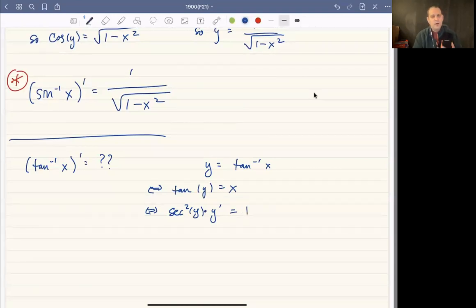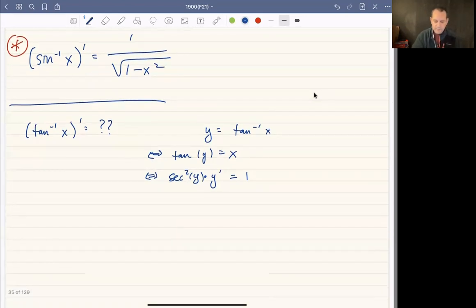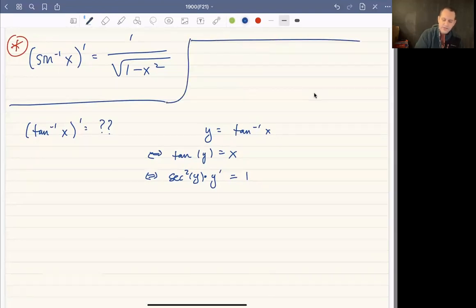And now again, same problem as before. How do we write secant squared in terms of tangent? We need to know a trig formula with secant squared and tangent squared in it. I am terrible at remembering things, but I know that there's certain things I don't have to, and this formula is one of them. We know that sine squared plus cosine squared is 1. And we want to get from this a formula involving tangent squared and secant squared.